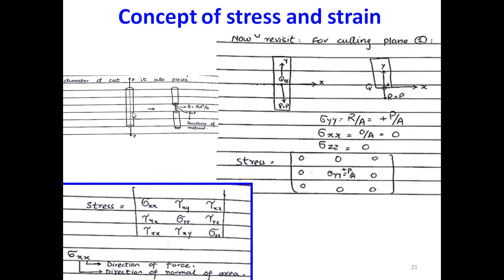Initially, we considered a rod subjected to tensile, axial, uniaxial loading, and then we took a cutting plane and cut it into two pieces, the top segment and the bottom segment, to visualize the internal load R equal to P, with area A, in this case pi d square by 4.